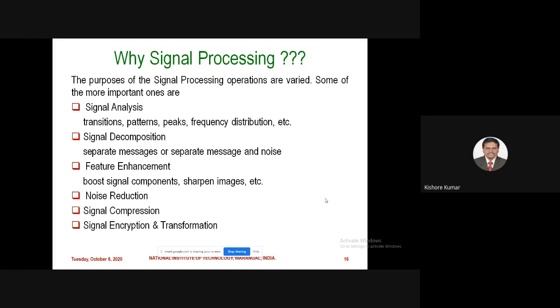If time permits during the other sessions, I'll try to talk about machine learning and how it is useful in signal processing. That is a different domain. There is supervised learning, unsupervised learning, and reinforcement learning. Ultimately, there also they are doing a certain type of decomposition only.